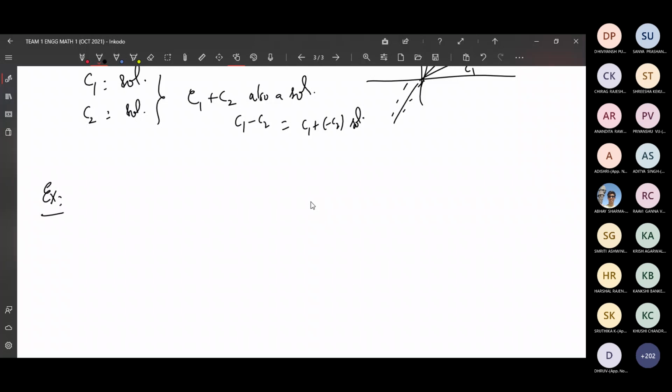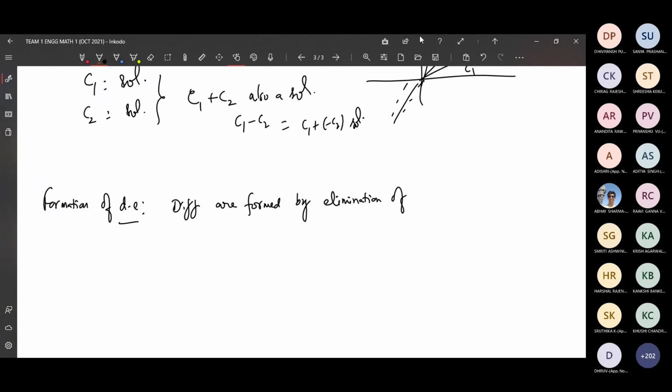Before going to examples, sorry, how to form this? Formation of differential equation. Differential equations are formed by elimination of arbitrary constants.